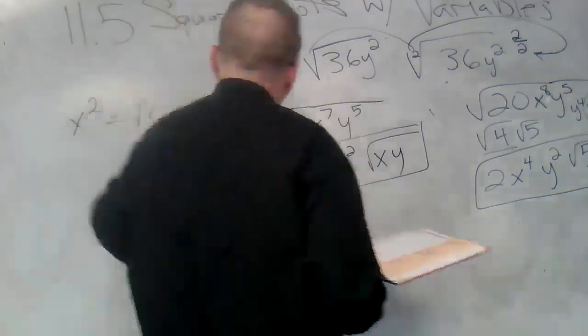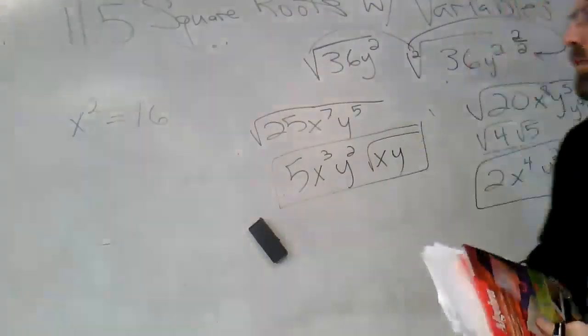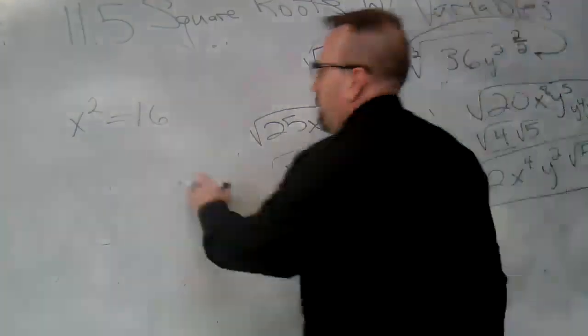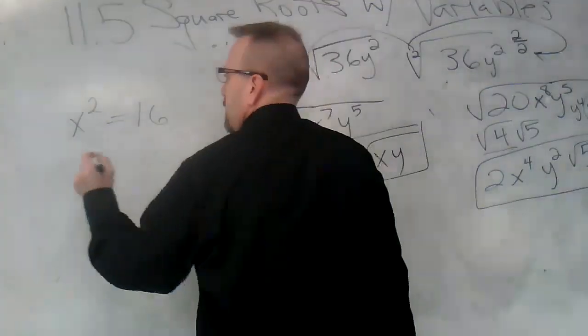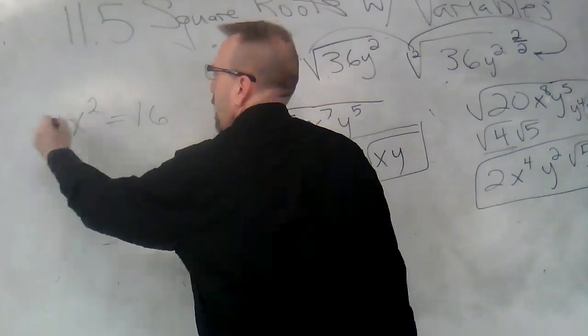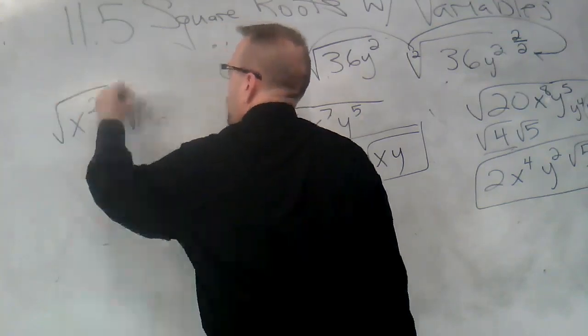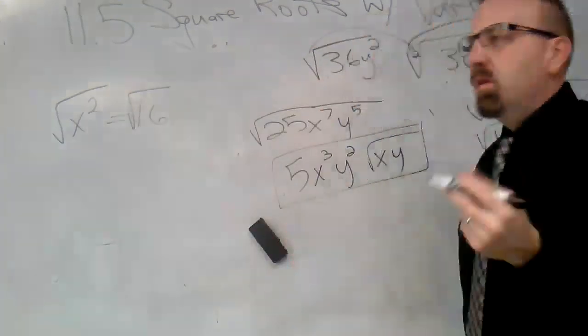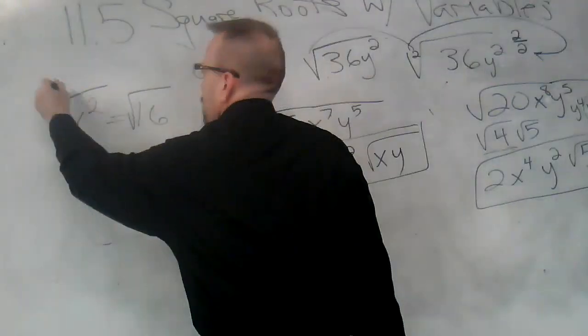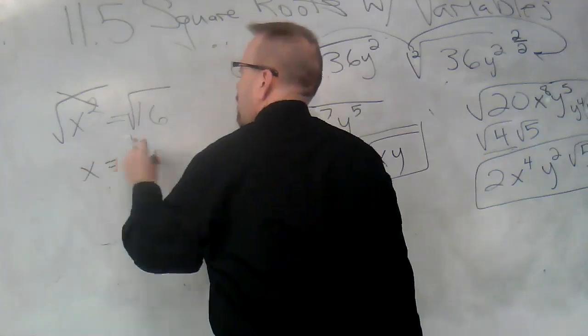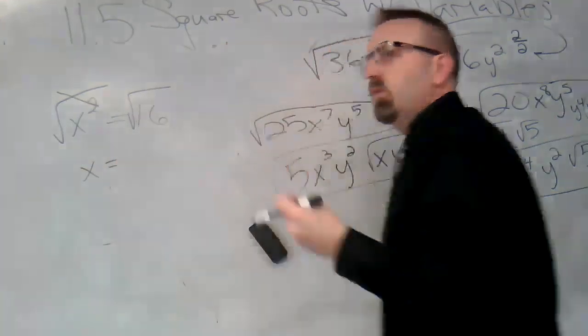We talked about this briefly. We started square roots. X squared equals 16. In order to solve this, to get rid of the square, we're going to do the opposite. Just like when we divide, we multiply. So the opposite of square, is square root. So the square and the square root cancel. But now this is where we include the positive, negative.